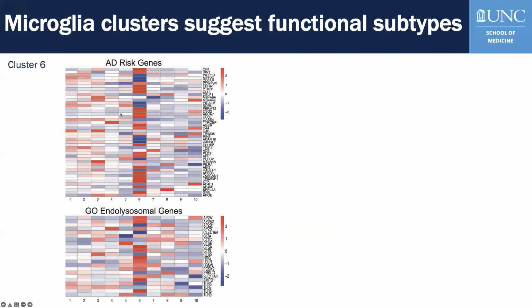All right. So here is cluster 6. When you look at cluster 6, what really came out, this is the one that's increased in AD, is that we have increased expression of all of these AD risk alleles. Not all of them. We have changed expression in many of these AD risk alleles.